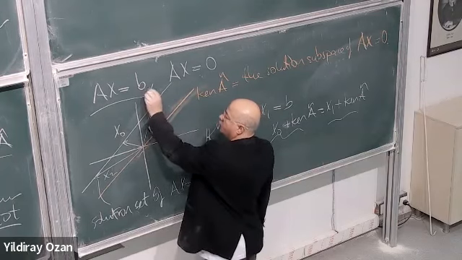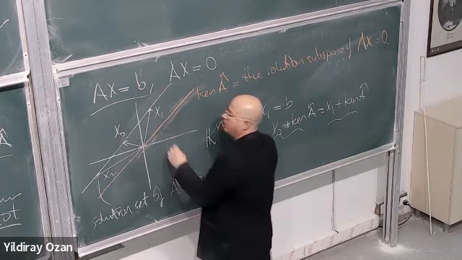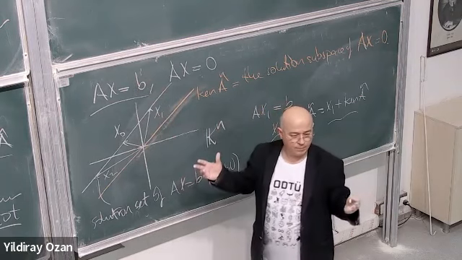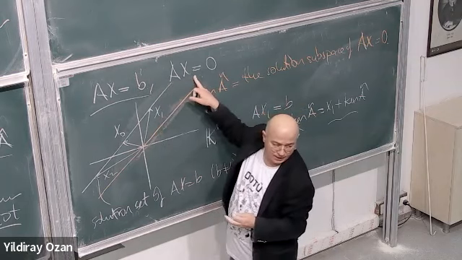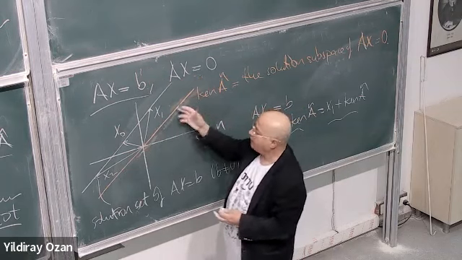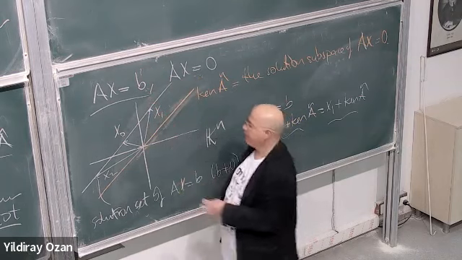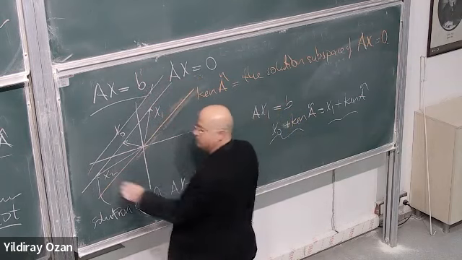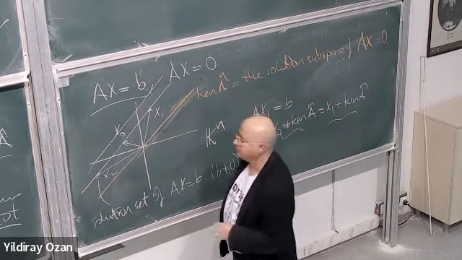If you change this, let's say b prime, you get another system, but the homogeneous system is the same. Therefore, you get this subspace, and then it will be just a shift of this subspace. So you get something like this. It will be again a parallel copy of this one. Yes.